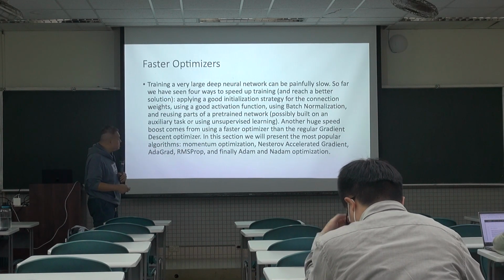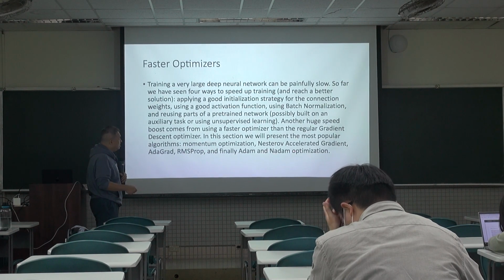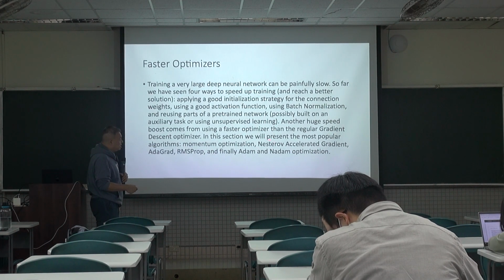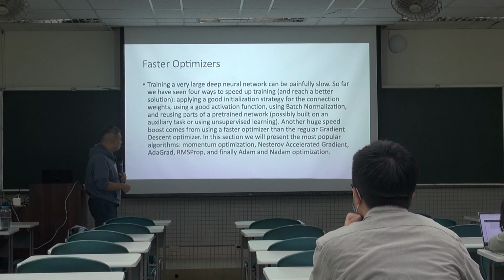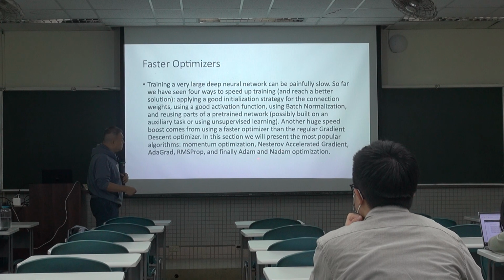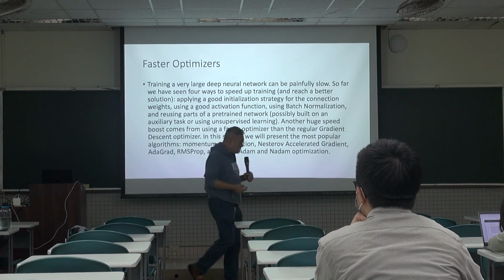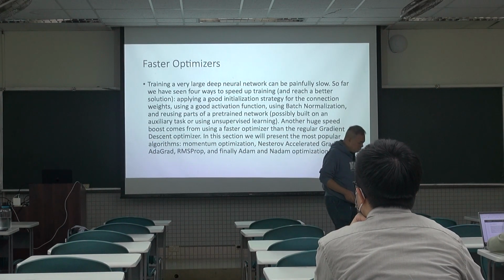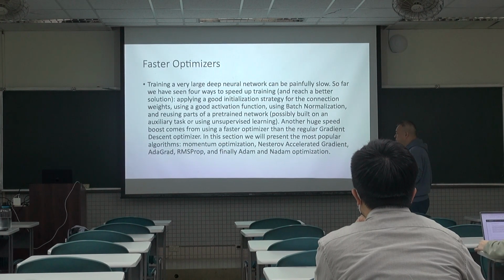It is one of the important topics today, actually. Such as momentum, Nesterov, NAG basically, AdaGrad, RMSProp, Adam, Adamax and Nadam. They are all more advanced optimizers that can help you train your model faster.